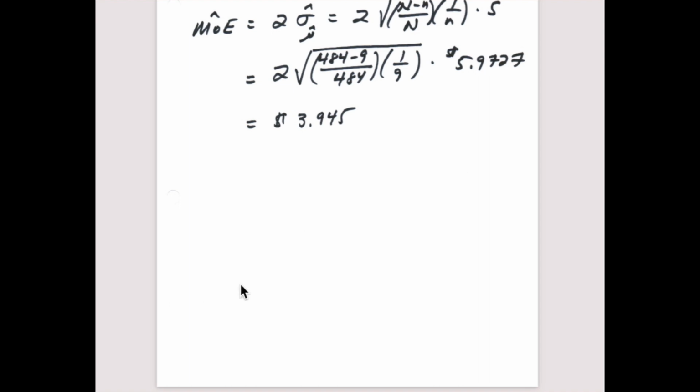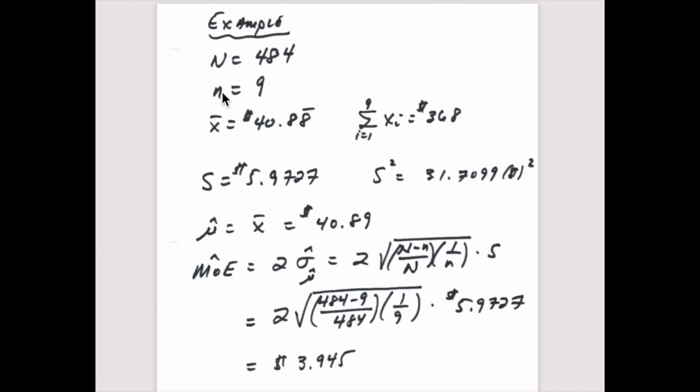All right, and so here is the basic information for this situation. Again, the population size is 484. The sample size is 9. When you calculate the summary statistics for that sample, the sample mean is found to be $40.89.